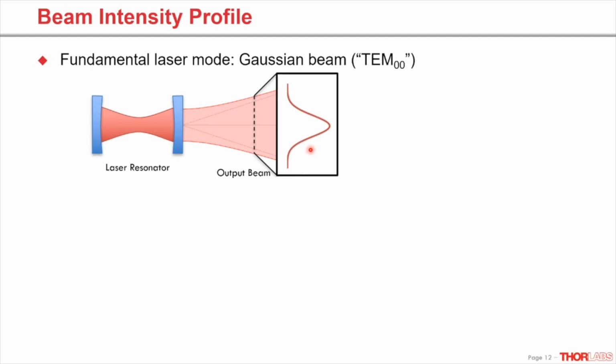TEM hereby stands for transversely excited mode. The 00 is the lowest order mode. It has the lowest threshold, smallest beam waist and divergence, and contains no nodes in the output beam transverse intensity distribution.